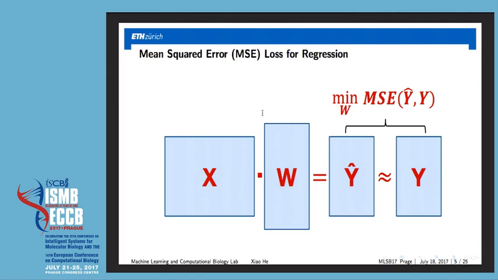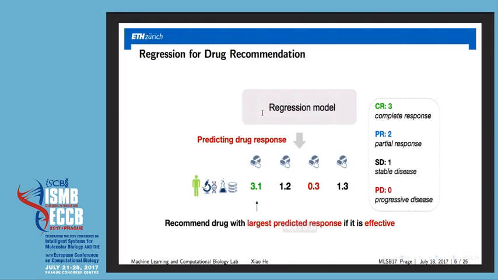However, this predicts the drug response for cancer cell lines or patients, but to recommend the drug, we cannot do it directly. We need to predict the drug response for the new patient for all the drugs. Then you have to sort all the drugs. Let's say a larger value means better response, and a smaller value means no response.